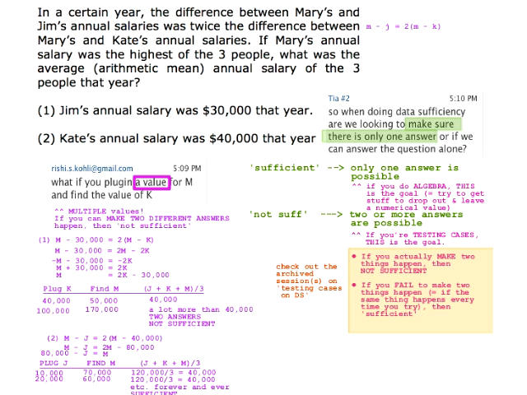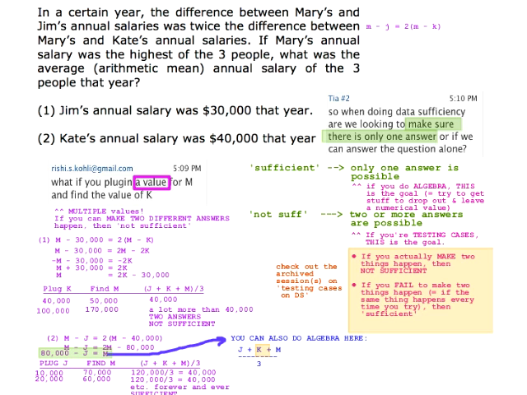So notice, though, once you get to this, you could also do algebra at this point, if you were not as forward-thinking with the algebra as Robin was. Right, because you're doing j plus k plus m over 3. And for statement 2, we know that k is 40,000. And we know that m is 80,000 minus j. So we can actually just plug those things in.